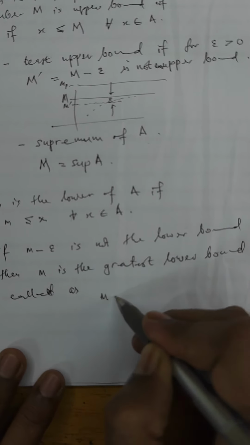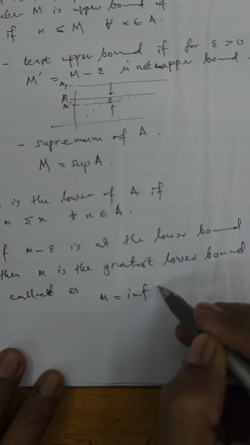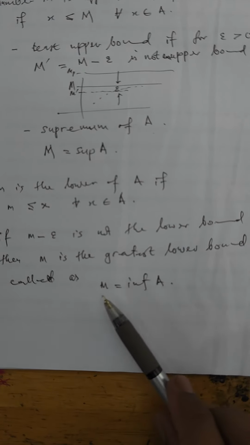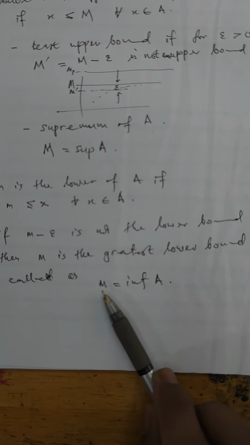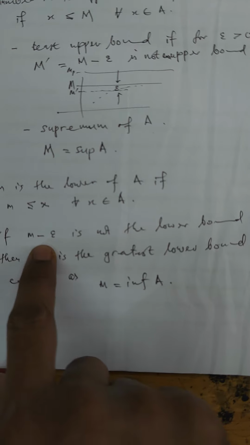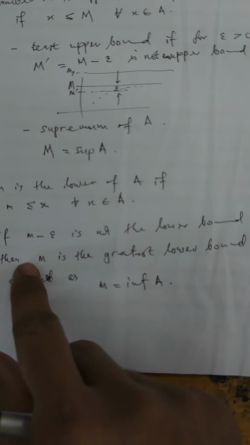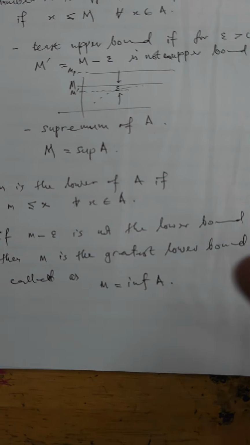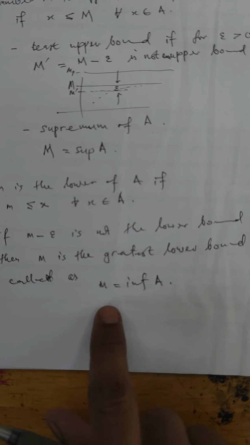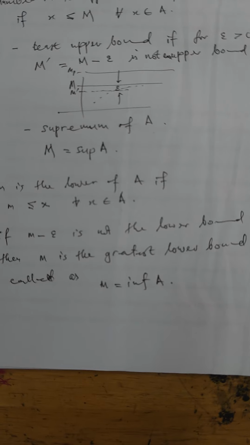So we write M is infimum of A. Again, you cannot use M prime, because consider M prime is smaller than M and is still a lower bound. In my case here, we deduct from M a small number, M minus epsilon, then M minus epsilon is not a lower bound, so we consider M as the greatest lower bound. So I denote that M as the infimum of A.